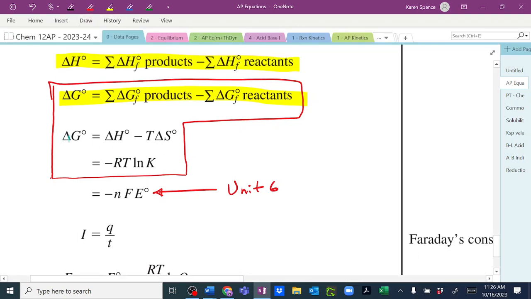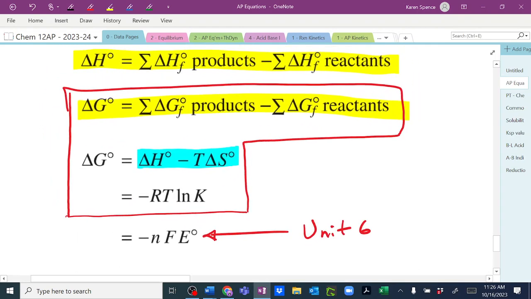So, look at this. Delta G is equal to delta H minus temperature times delta S. So delta G is basically saying if you have a positive delta H and you have a negative delta S, what happens to this term if delta S is negative?